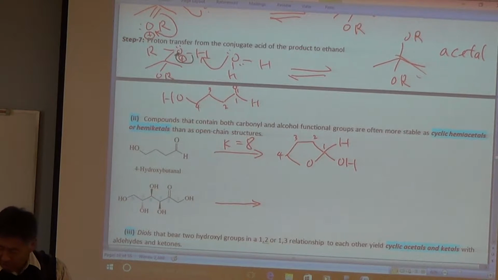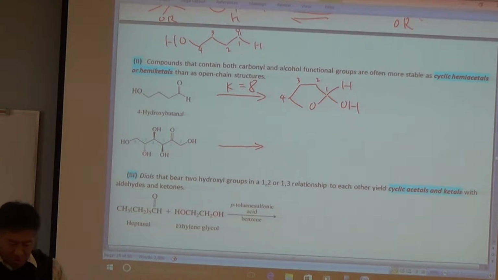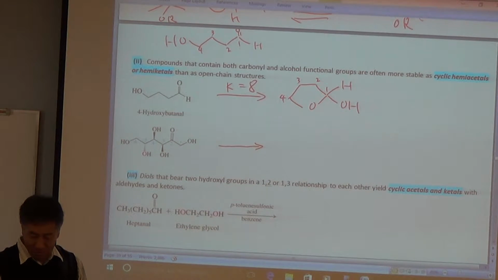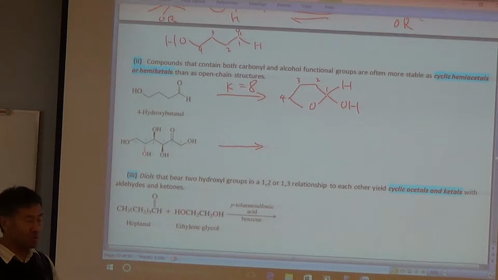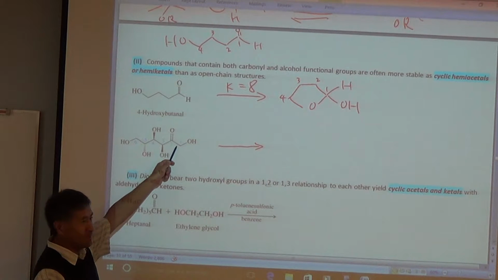In the second example, you already have the numbers. We just have to identify which of those OH groups you can use to produce the most stable hemiacetal, either a 6-atom ring or a 5-atom ring. And obviously you cannot start from that.